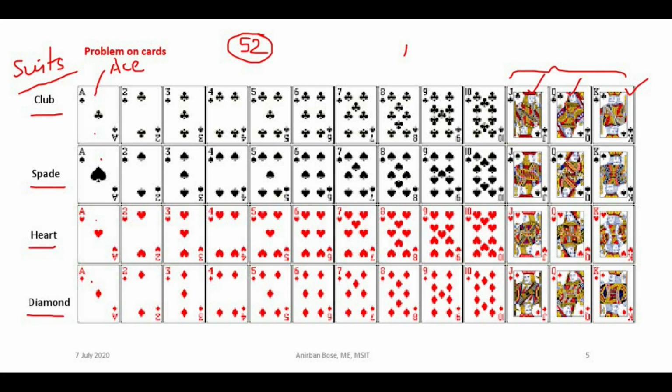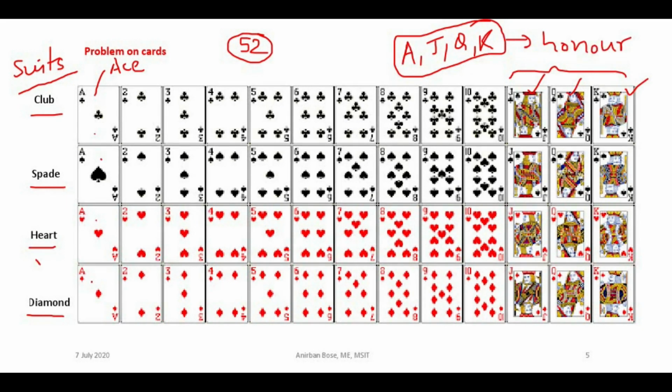So in each suit there are 3 face cards, Jack, Queen and King. So how many face cards are there in total? You can see a total of 12 face cards. Now ace and face cards, that means ace, Jack, Queen and King, these cards are called honor cards.